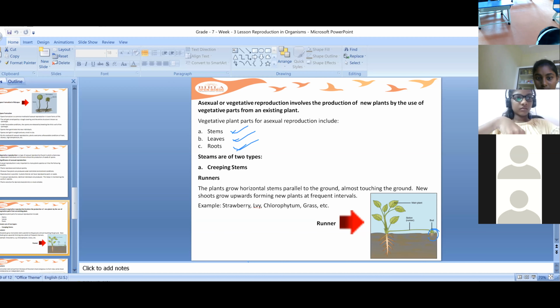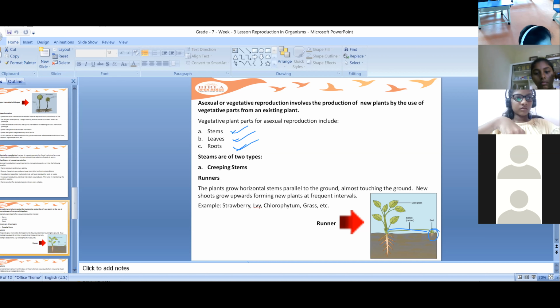So this is the part of the stem which is creeping, growing in length, fixing itself in the soil, and then roots are formed. These are runners, and runners show asexual reproduction.